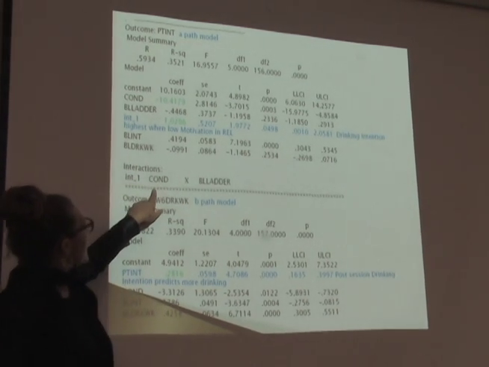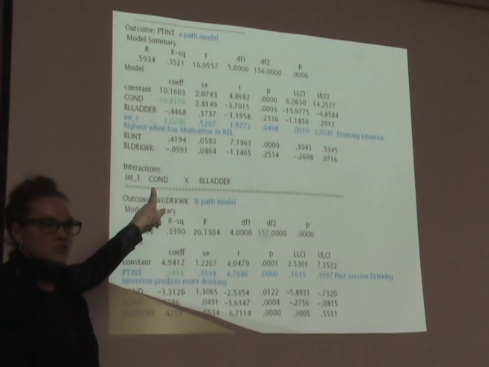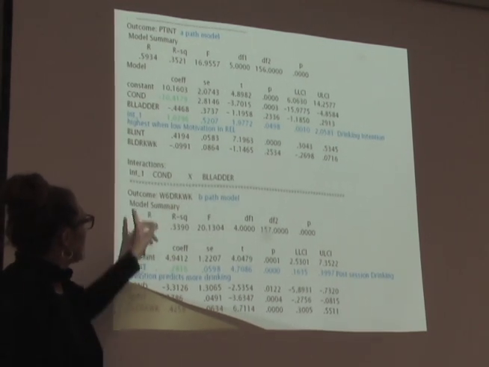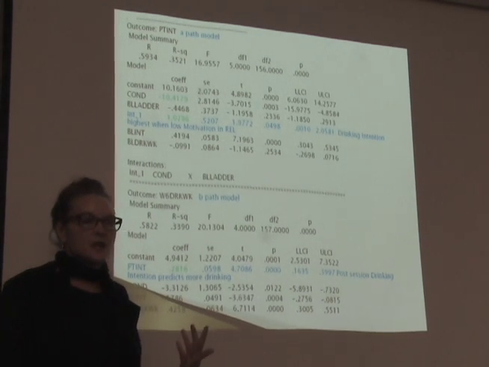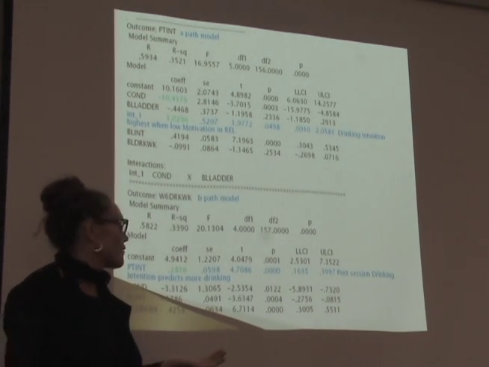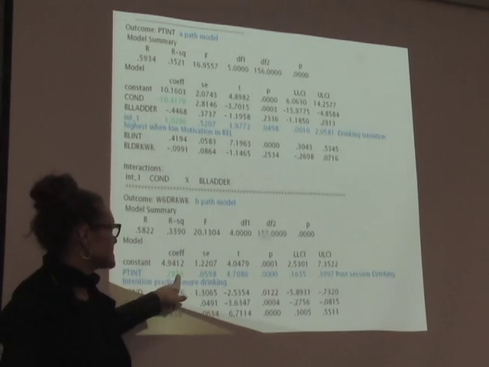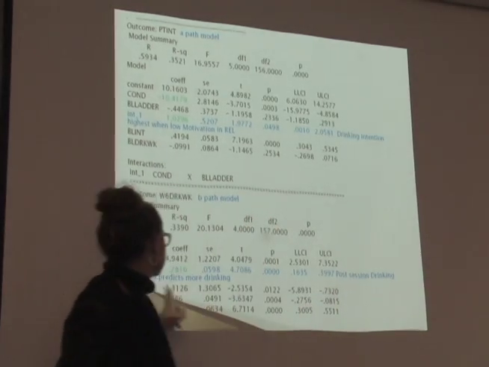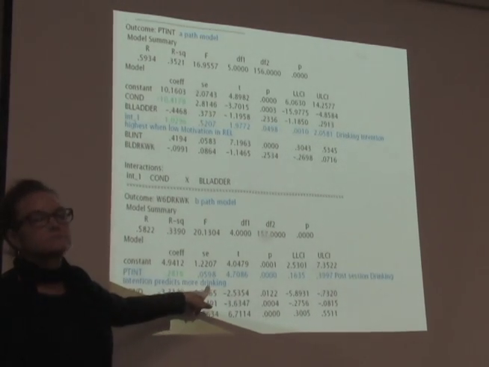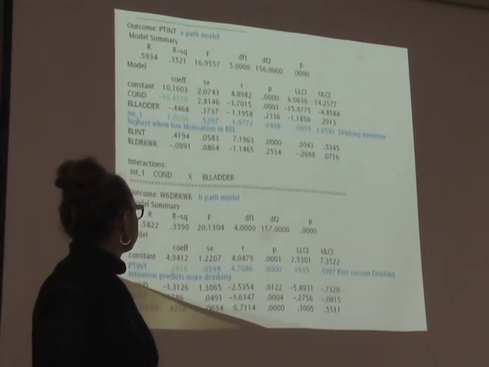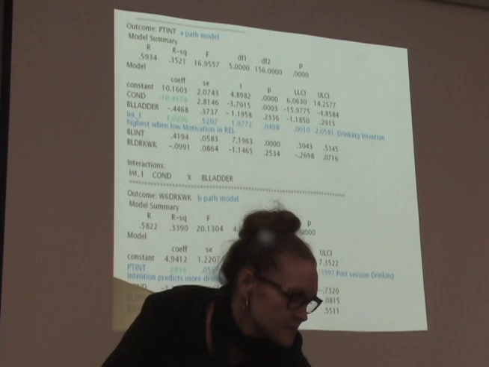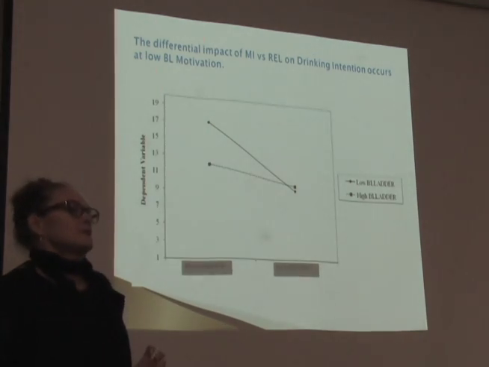Here's just our interaction term defined, right? This is just to check the model. Here is our B path model. So this is where we're interested in the effect of drinking intentions on outcome, right? So we can see that post-session drinking intentions predict more drinking. Makes sense. Here's a figure.